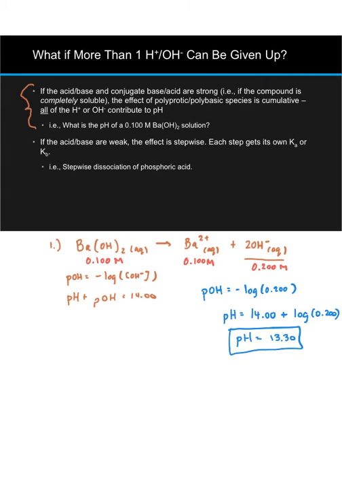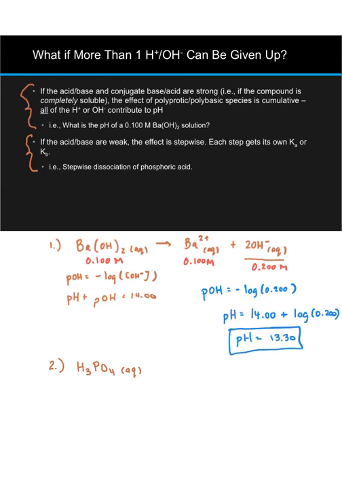The difference in working with weak acids or bases, though, is that every single component of our weak acid or weak base is considered when we think about the pH of a weak solution. What we'll think about is a base or an acid associating or dissociating stepwise. For example, phosphoric acid, for whom we can write out a complete chemical formula, H3PO4, has 3 H plus cations that could potentially be given up to solution.